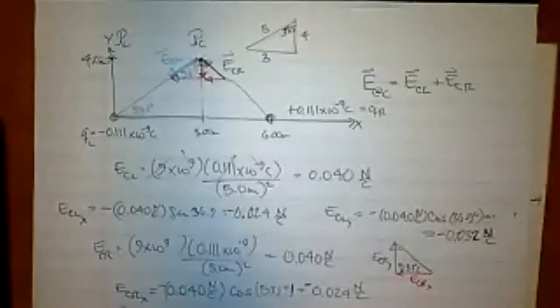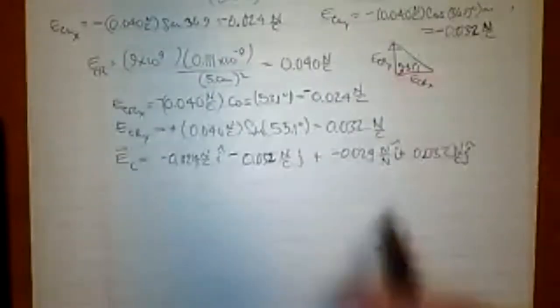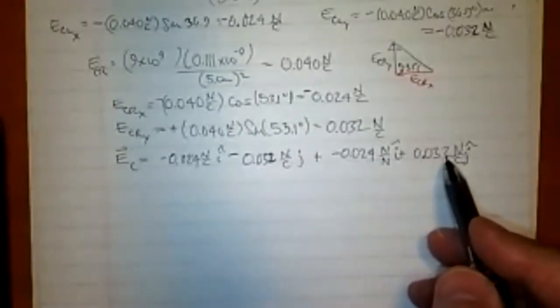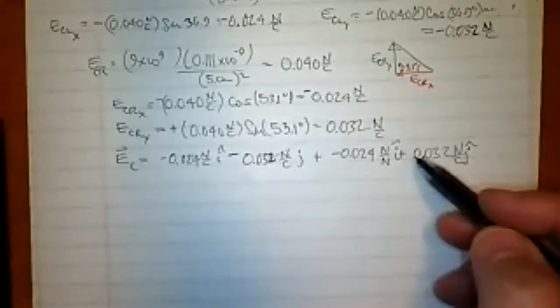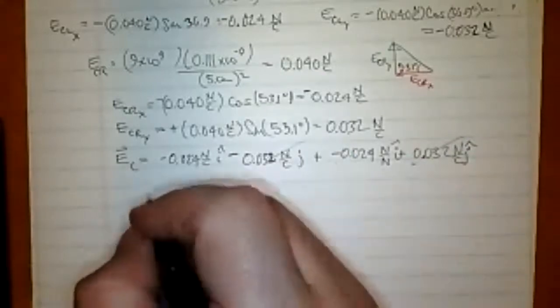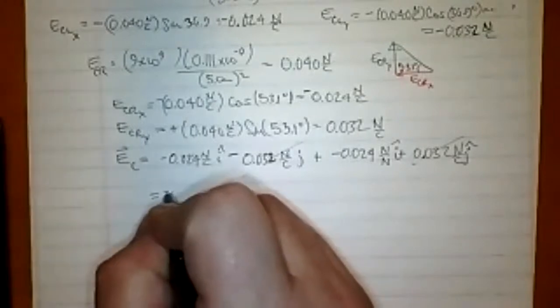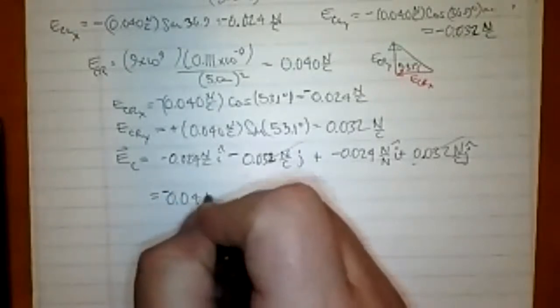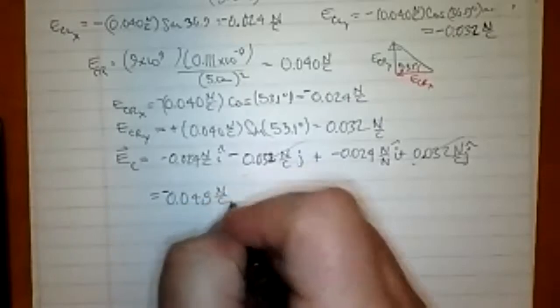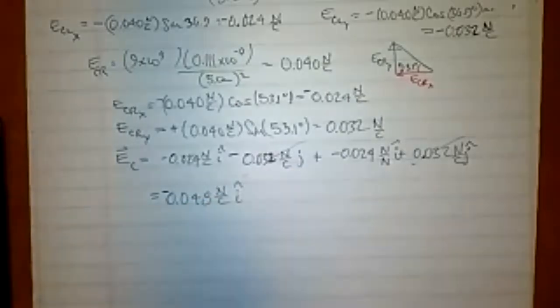And that's what you're seeing here, is you're seeing the y component negative 0.32 and the y component positive 0.32 are canceling each other out. Boom, boom. And these two just make each other stronger. So I end up getting 0.48, with a negative 0.48 newtons per Coulomb in the I hat direction.